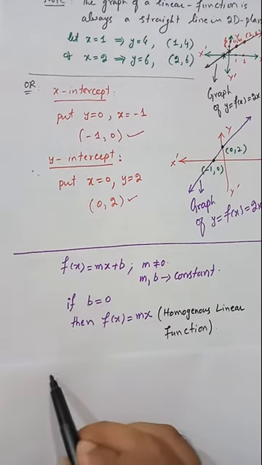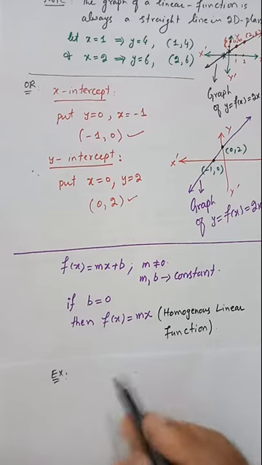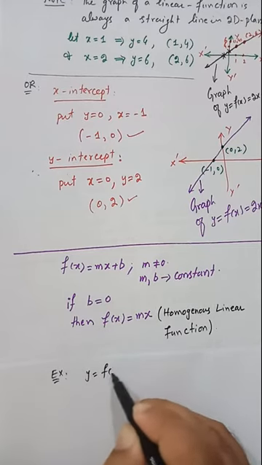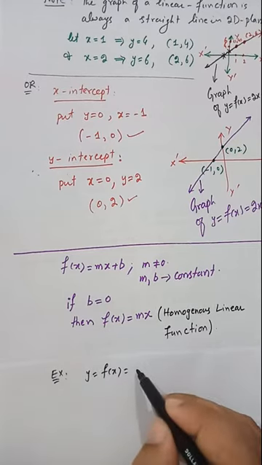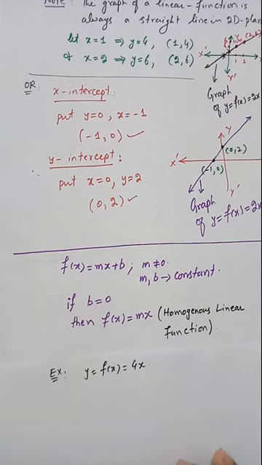I am taking an example. y is equal to f of x is equal to, let's say, 4x. So you need to draw the graph of this function. Here the value of b is equal to 0.